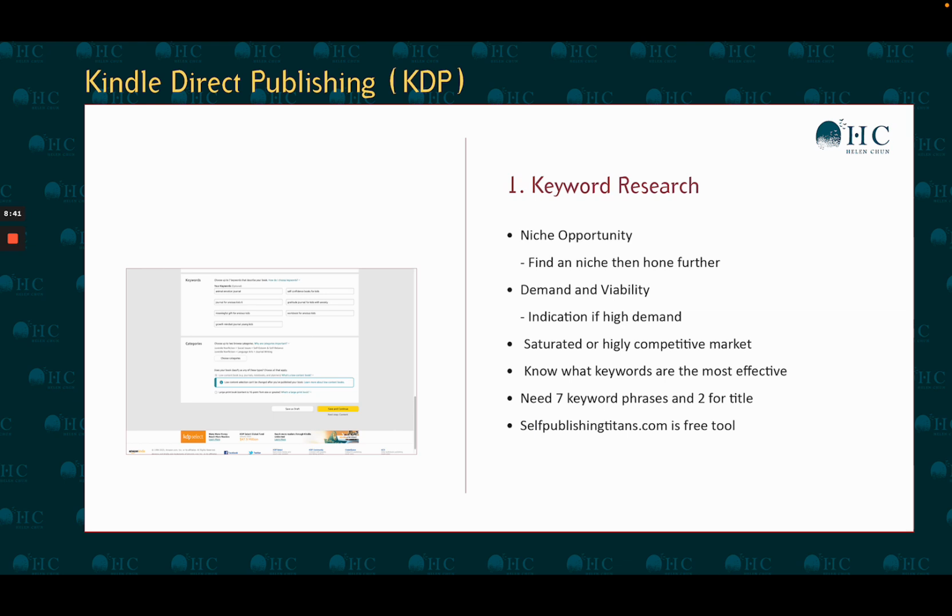This is what you want, even before you decide what book you want to publish, because what you want to publish may not be what is in demand. So part of keyword research is looking at your niche opportunity.